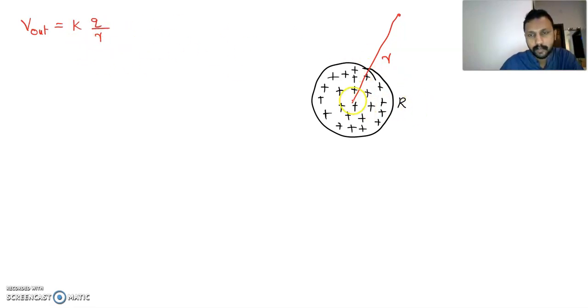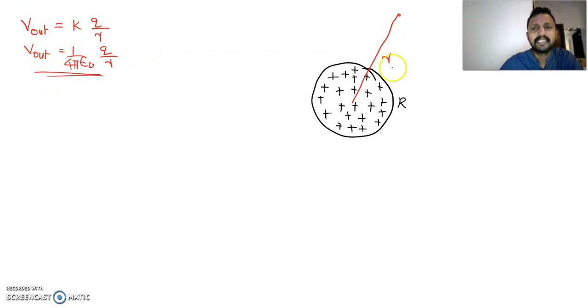What is small r? Small r is the distance from the center of this sphere to that outside point. Or we could write the potential at a point outside as 1 by 4 pi epsilon 0 q by small r. This is the expression for potential at a point outside.